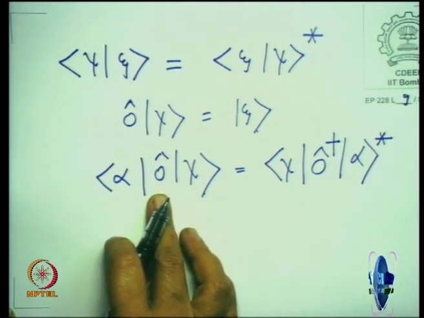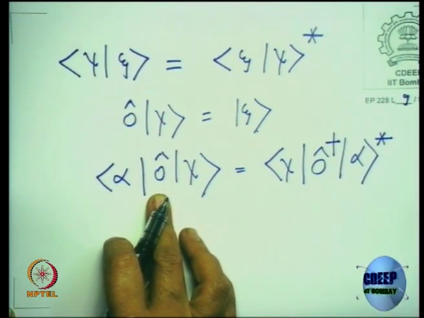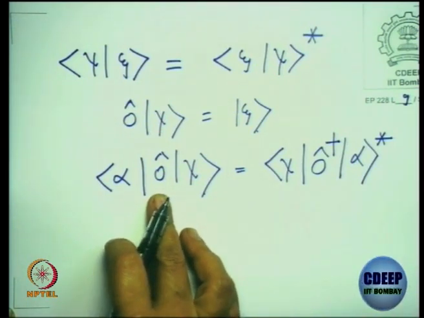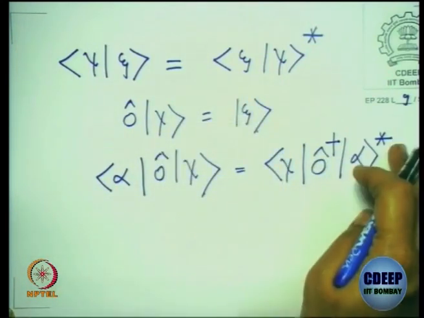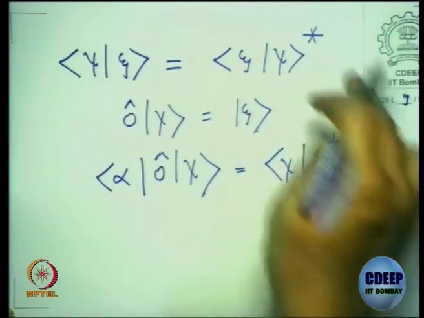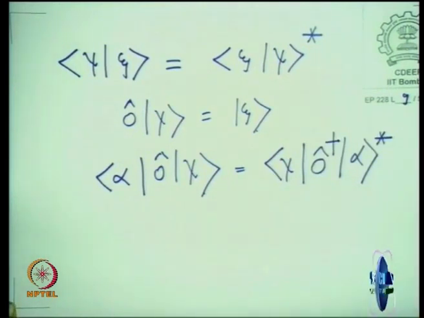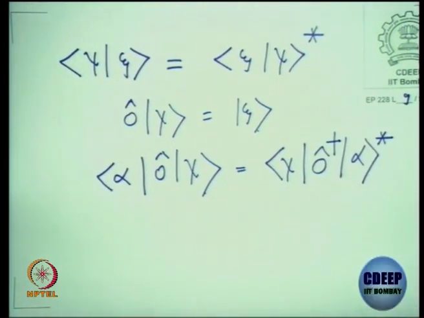What is that operation called? Adjoint operation, right? It's an adjoint operator. It could be a complex vector space, so you have to take the complex conjugate of this result. Fine. So this is something which the inner product property forces on you, that every operator which you consider, which acts on vectors in the linear vector space, has to obey this property.